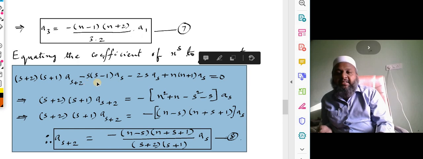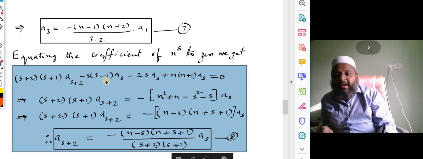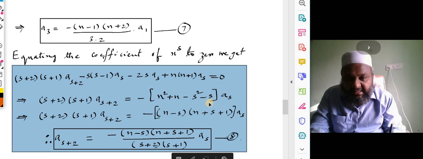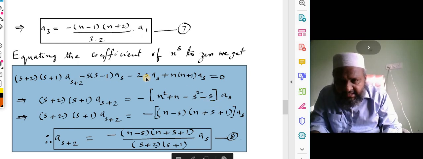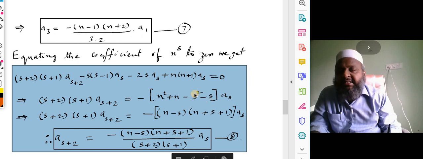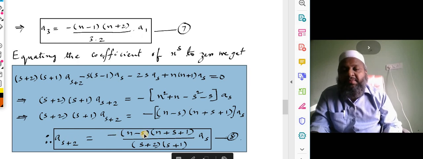Now you can see that it is n square plus n from here, and this comes this side, minus s square minus s. This plus s and minus 2s becomes minus s, and because we have taken all of them on the right hand side together, that minus is however there. Now this s plus 2 into s plus 1 comes down. Finally as plus 2 is equal to minus of n minus s.